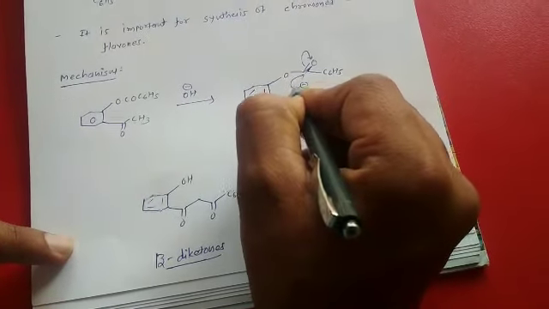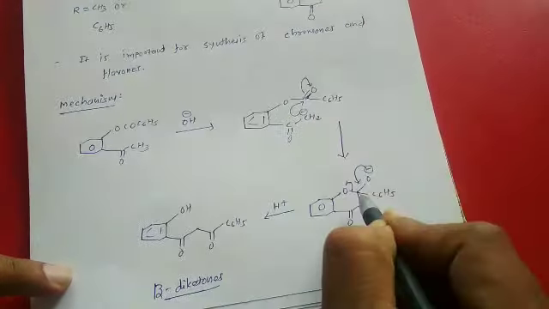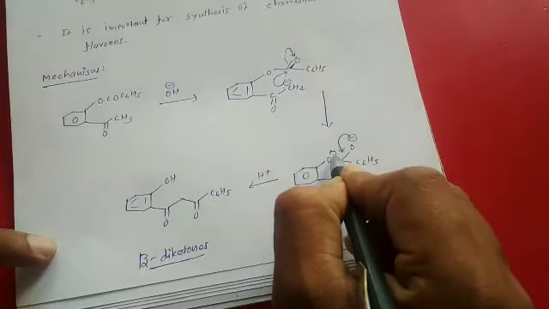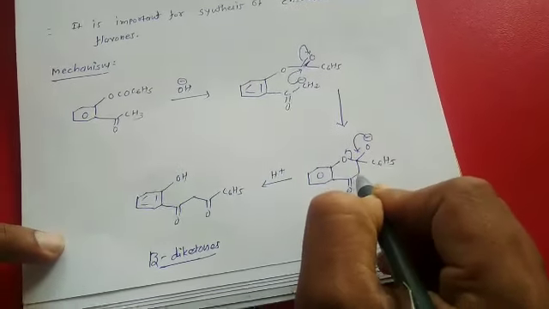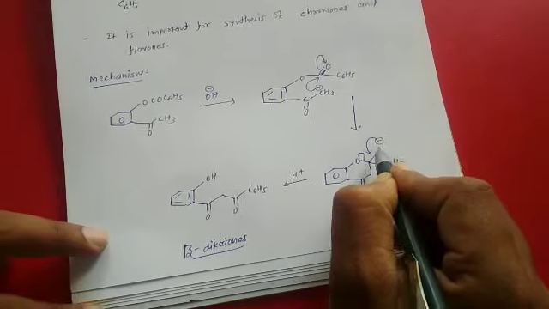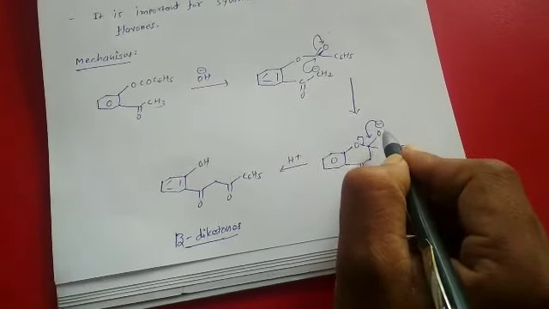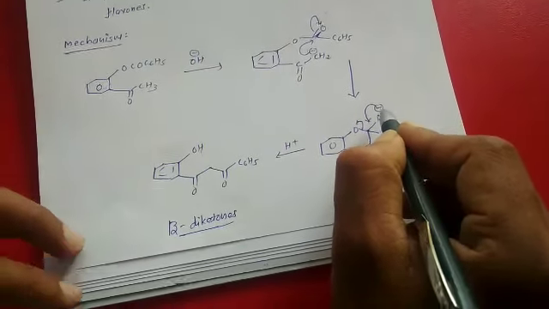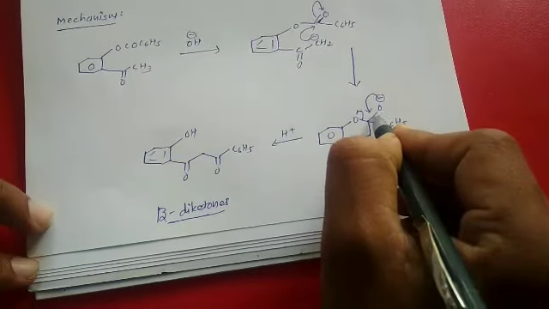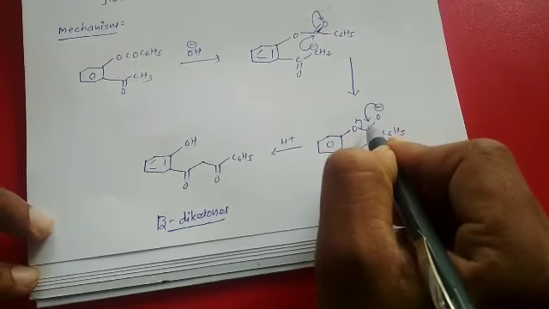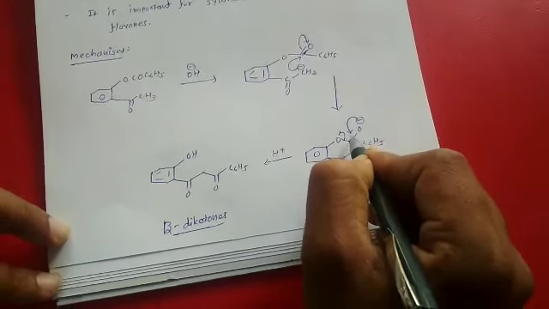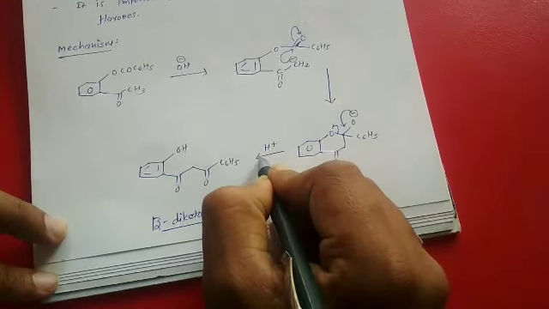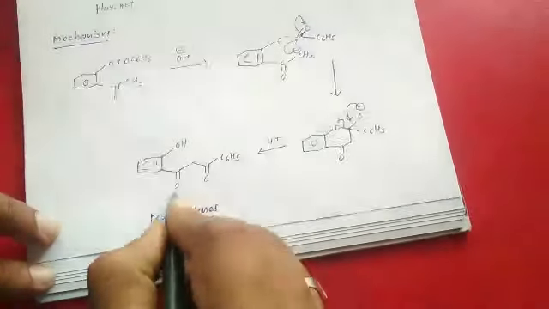CH2 attacks here and this bond breaks. After this step, the charge on oxygen reverts back to this bond, the oxygen linkage will be broken, and after hydrogenation this beta diketone will be formed.